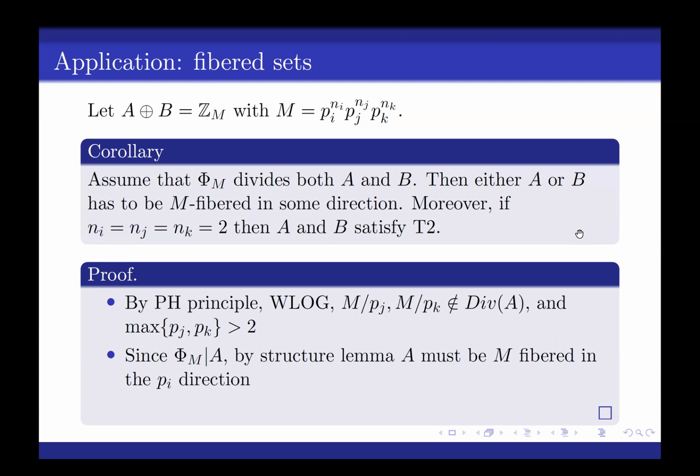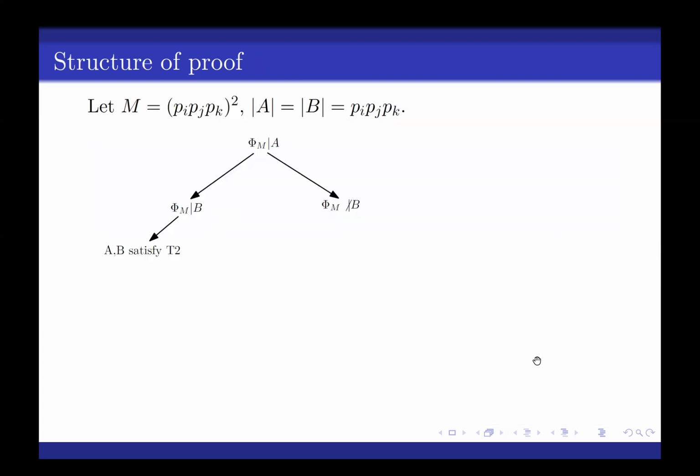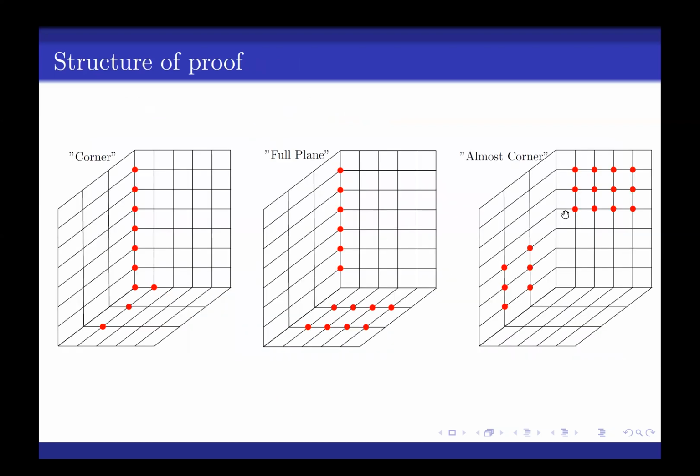Now, maybe one more word and I'll be done with that. I just want to show you one last picture. In this picture, what you're seeing is actually all the possible skeletons of a tile on a fixed grid, given that the corresponding tile is divisible by phi capital M, when M is pi squared, pj squared, pk squared.